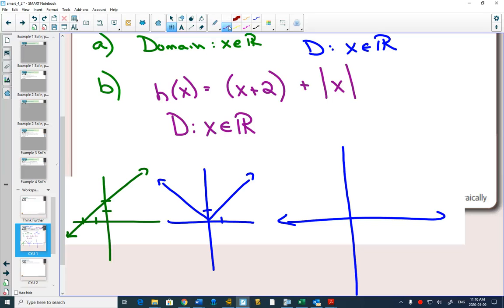So you want to add them. Can you see at 0 on the green graph we have 0, 2. On the blue graph we have 0, 0. If you added those together on my purple graph, I'd have 0, 2. Correct?